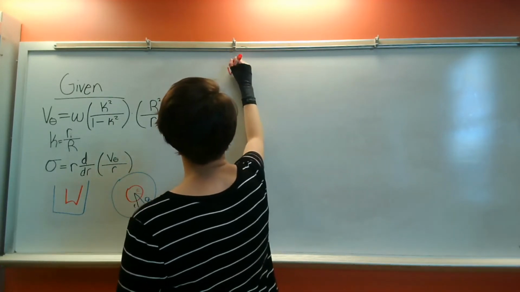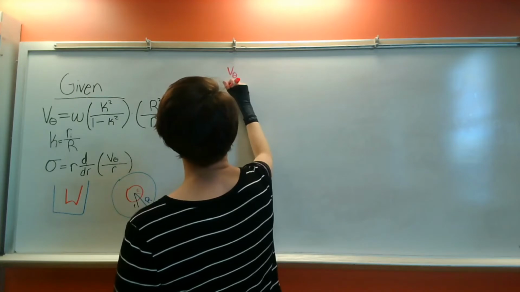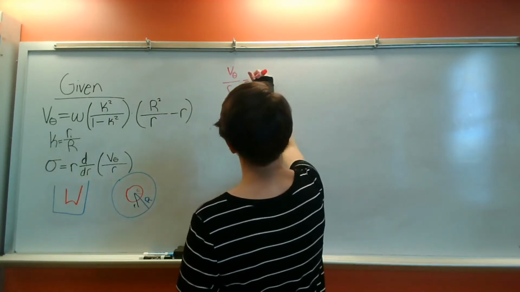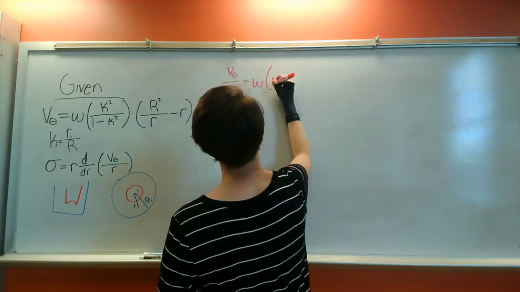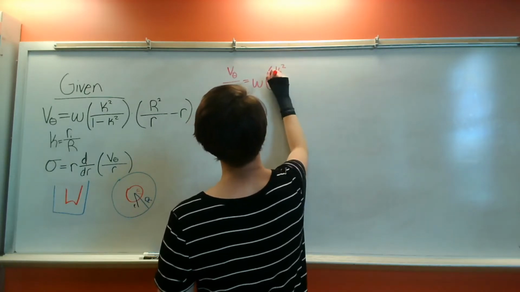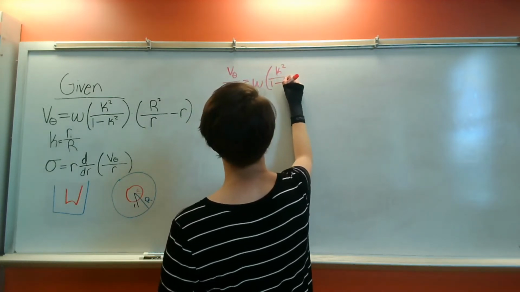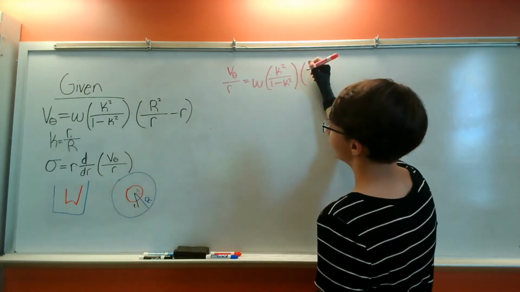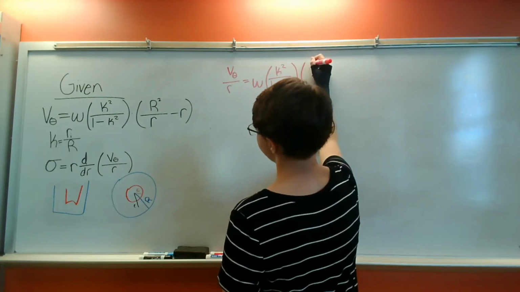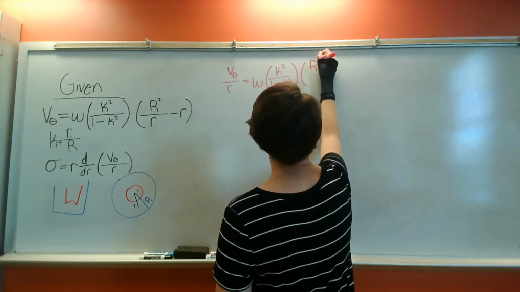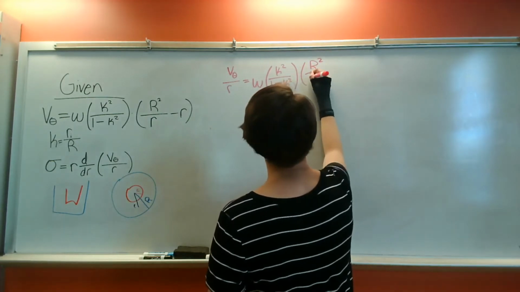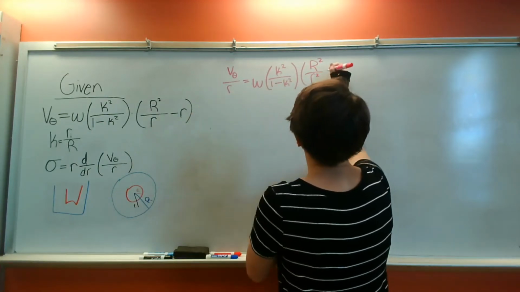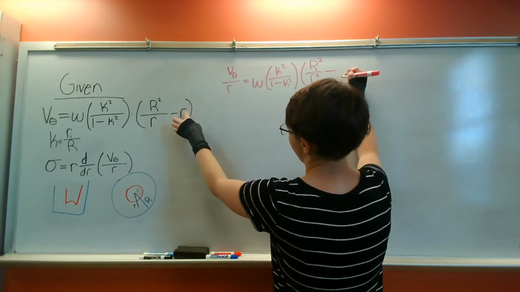So velocity profile over r is equal to omega times k squared over 1 minus k squared, and then times the outer radius over r squared, so this is where we're dividing that r, minus r over r, which is 1.